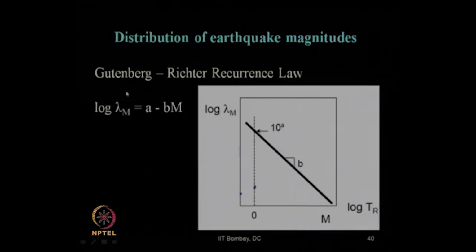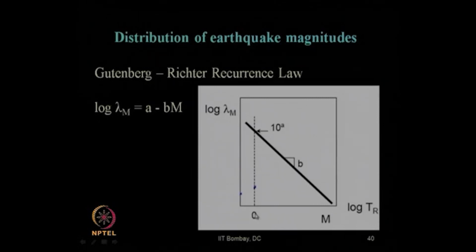So, as I already mentioned, this is called the Gutenberg-Richter recurrence law. That is the plot of log of lambda m versus magnitude m. In the y axis you will have log of lambda m, the x axis will be your normal axis of magnitude m, and on the other side you can put log of T r, because it is the same the other way round, right.